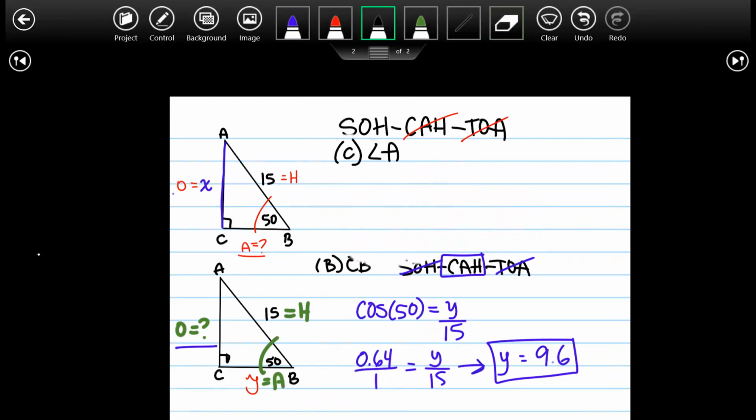They add up to 180. So angle A plus angle B plus angle C is equal to 180. If we plug in B is 50, C is 90, and we solve for angle A, we get 40. Done.